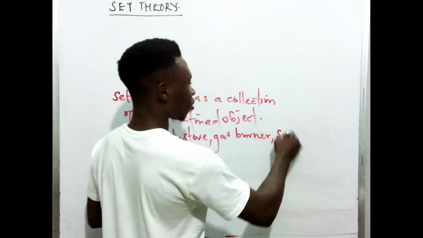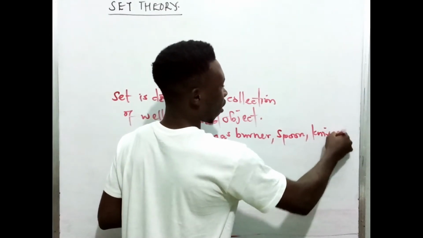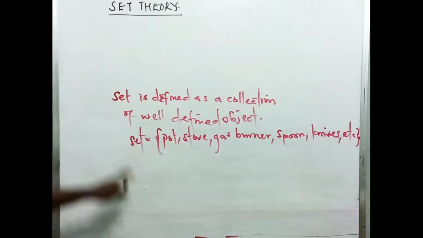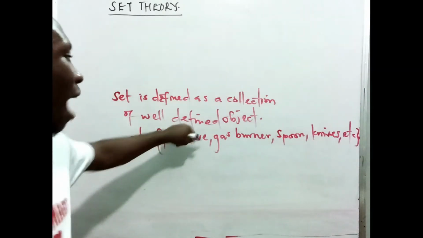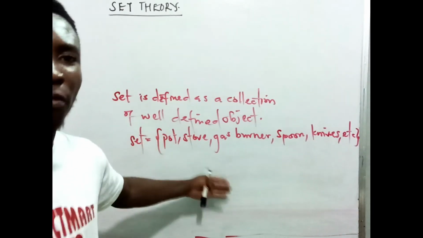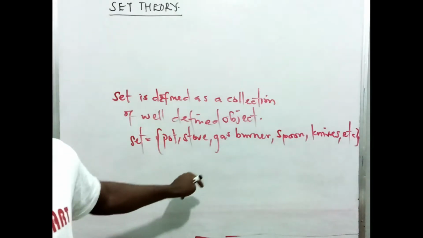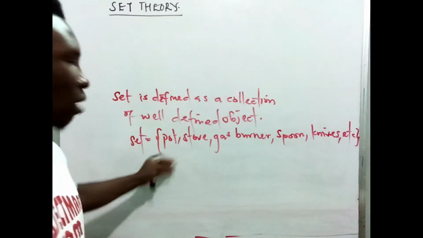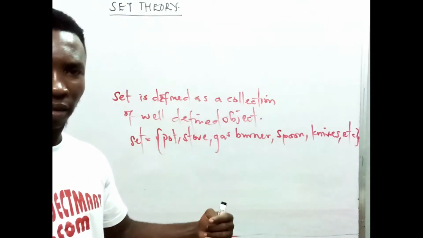Your spoon, your knives, etc. Now, this is a set of kitchen utensils. If I should have a house or a phone in this set, it is no longer well defined. Imagine a set of kitchen utensils and you're having trousers. It is no longer defined.